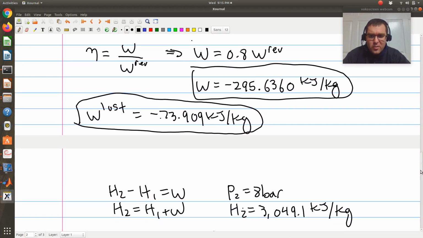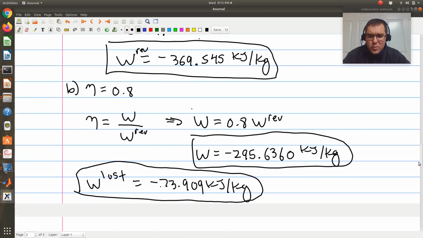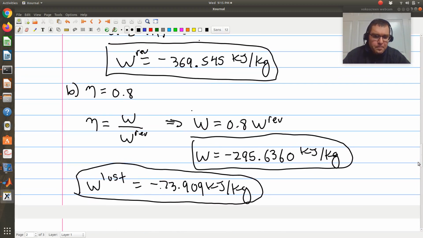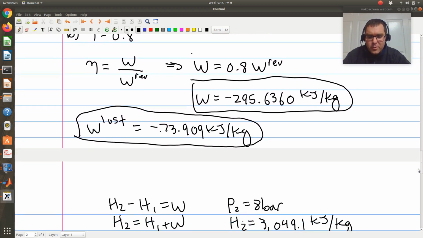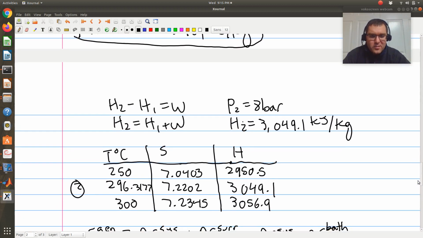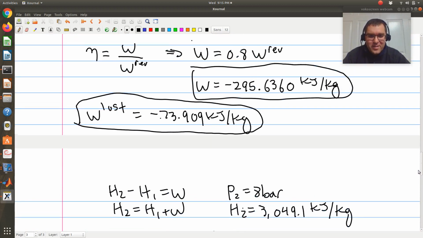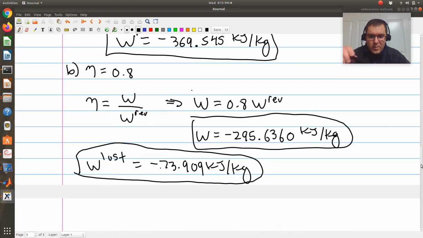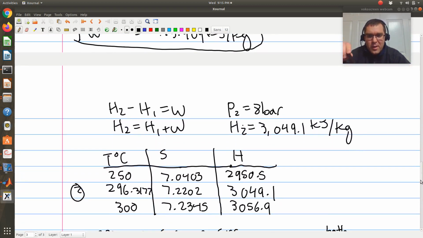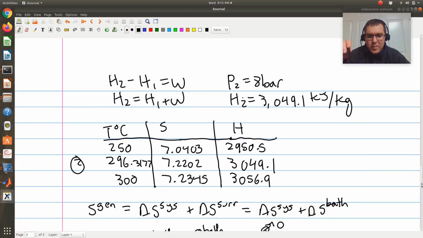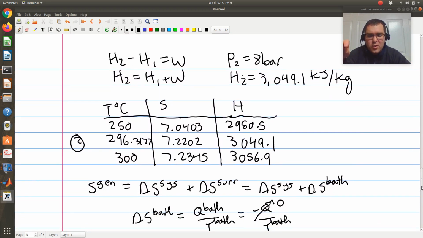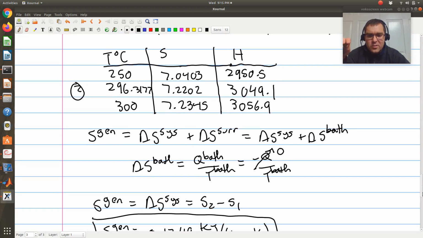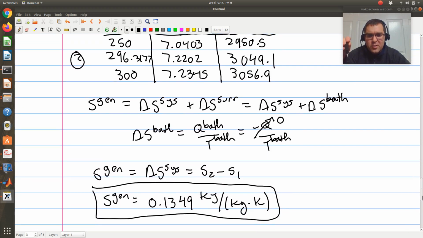I said the lost work would be the difference between the reversible work and the work that's actually produced, and that difference has to be due to the inefficiencies of the process. Once I had work, we wrote our first law balance, calculated H2, used that to characterize our system, and got our entropy generation.